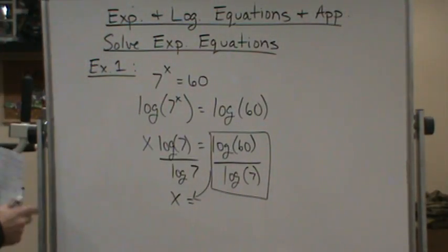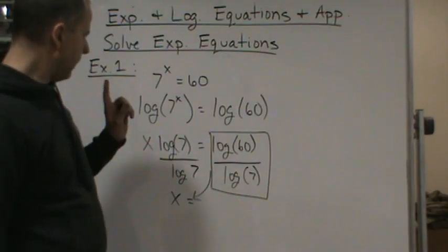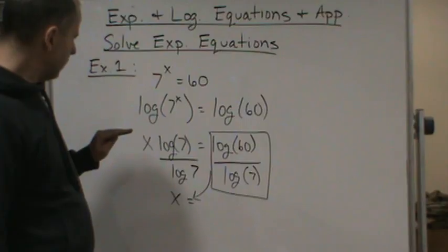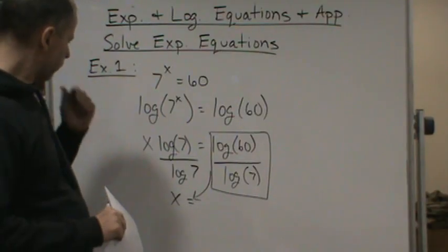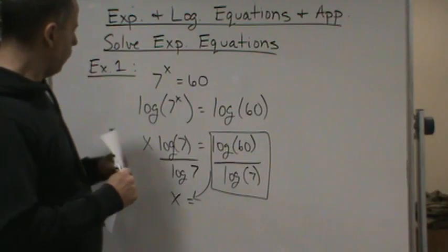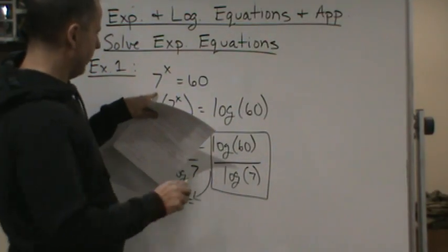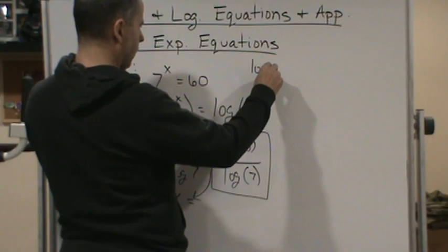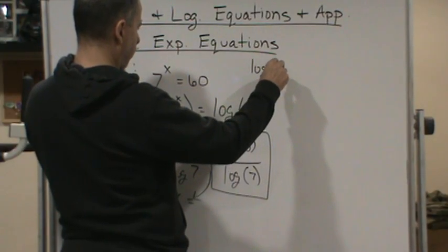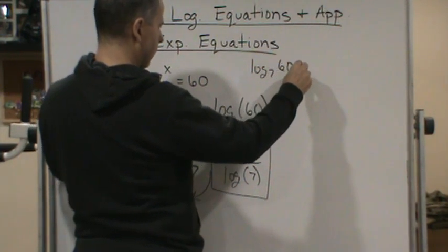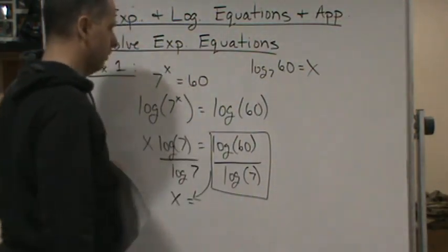Now notice something here too. If we want to write this, we could write this as log base 7 of 60 equals x.